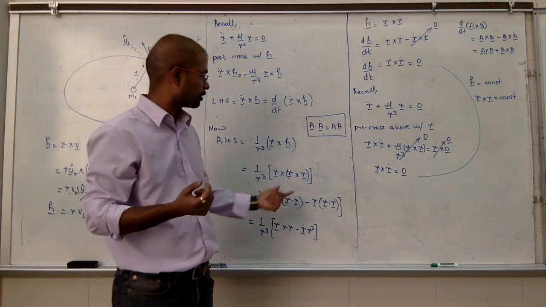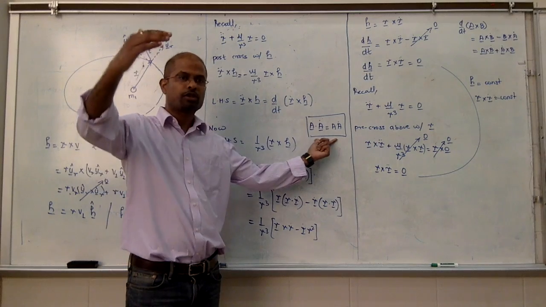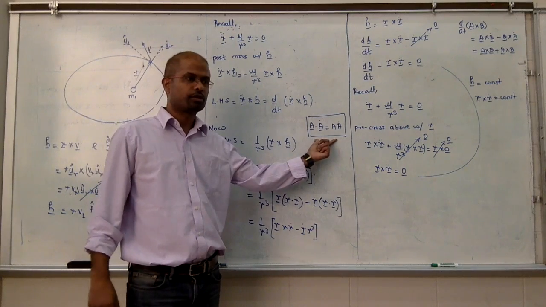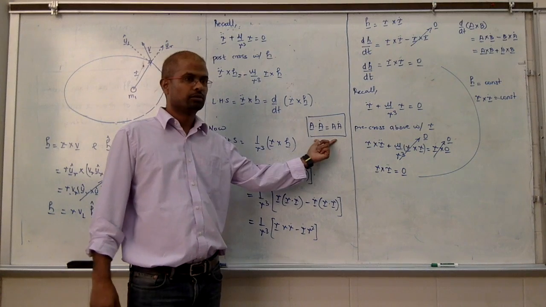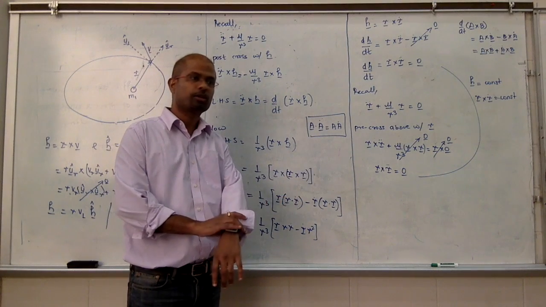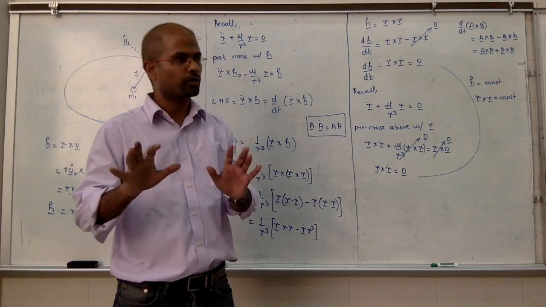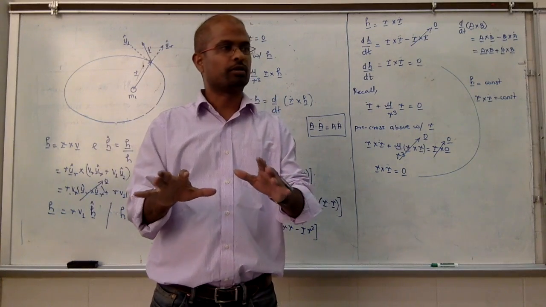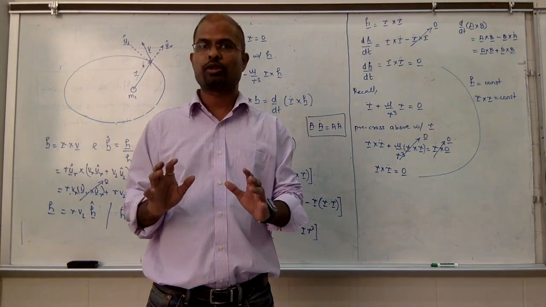That was part of the review material. Go through it again and again: vector identities, scalar identities. Otherwise you get lost and it will become very difficult to follow. And there are lectures already existing, so if you really want to prepare, go through those lectures.